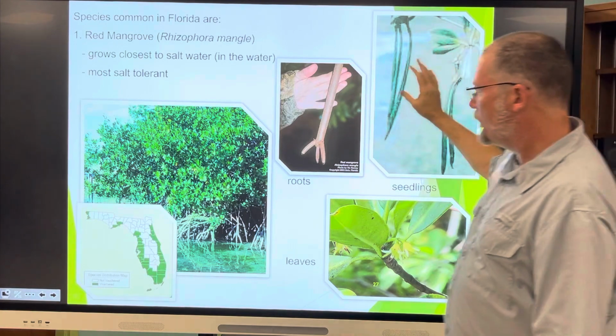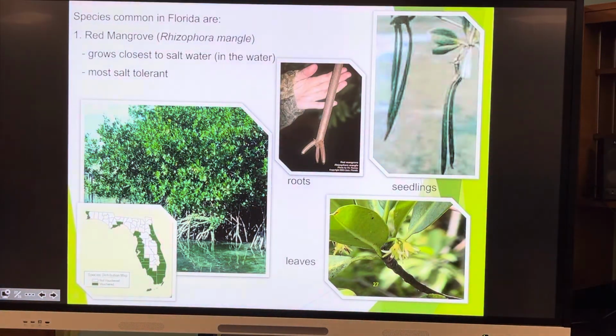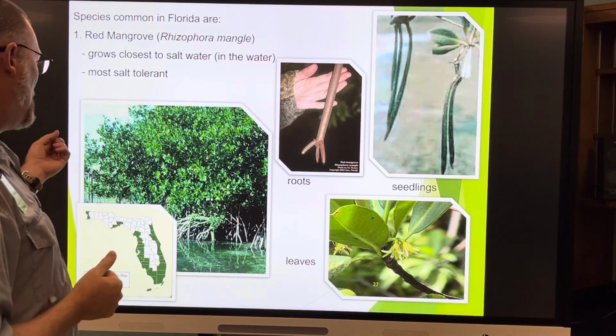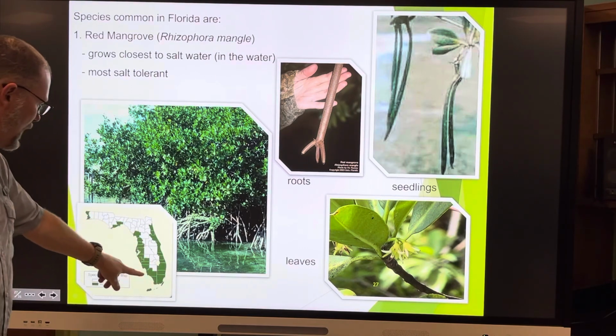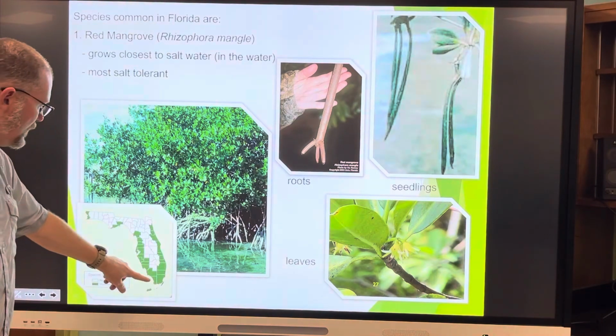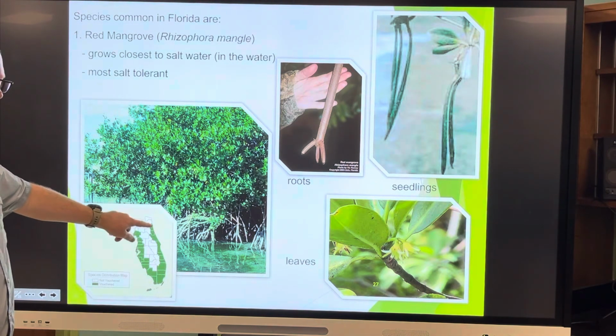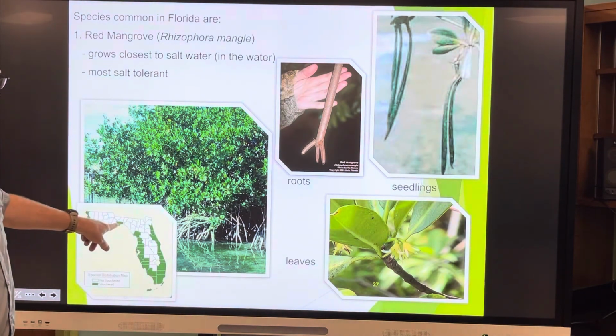So then, because these are the ones that live nearest the water, they have the most salt tolerance. And this is where they live in Florida, okay? They live in virtually every county that touches the ocean, around from Tallahassee. Oh wait, no, Tallahassee's up here, so they do live in Tallahassee.